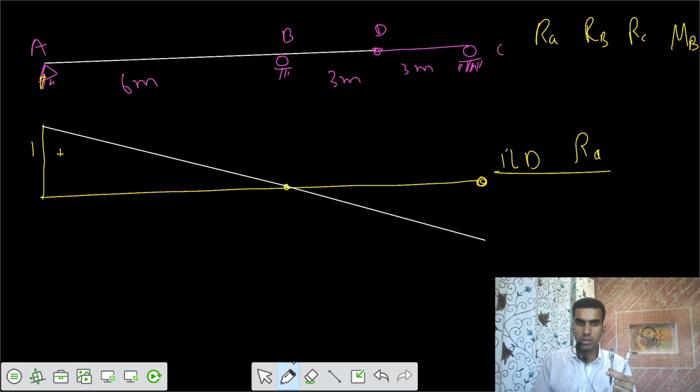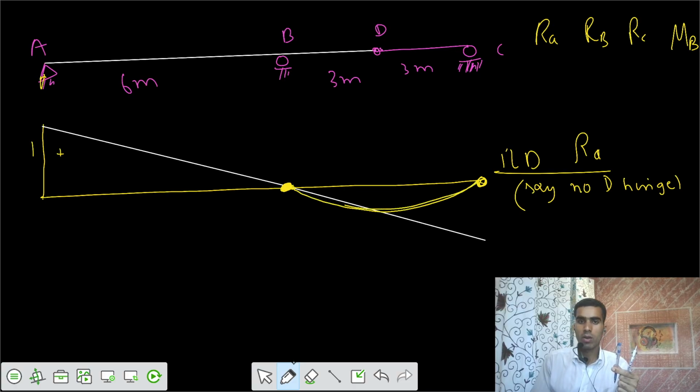So if point B was here, keep that also in note. We say if there was no hinge at D, that means you should have to keep support B intact, support C also intact. That means the profile should have been in this fashion.